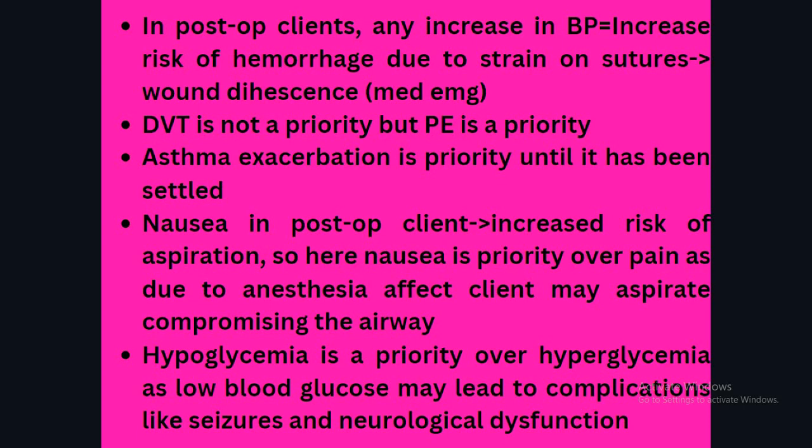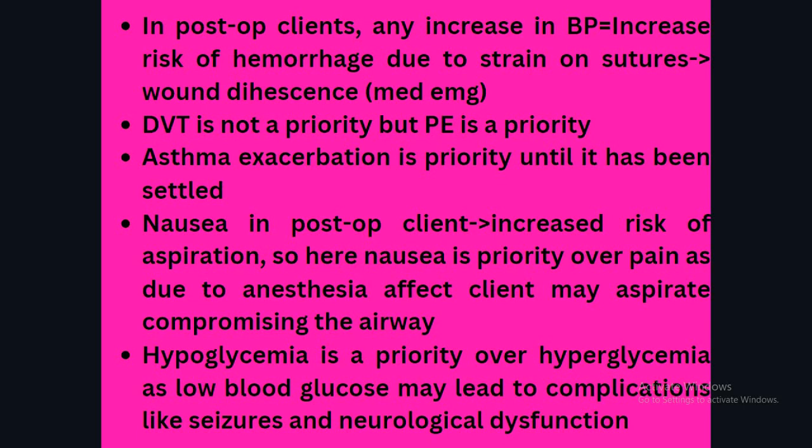Once the asthma exacerbation has settled, it automatically comes down in priority. Then if a post-op patient is having nausea, this will increase the risk of aspiration, because the post-op patient will be having the effect of anesthesia and nausea or vomiting.